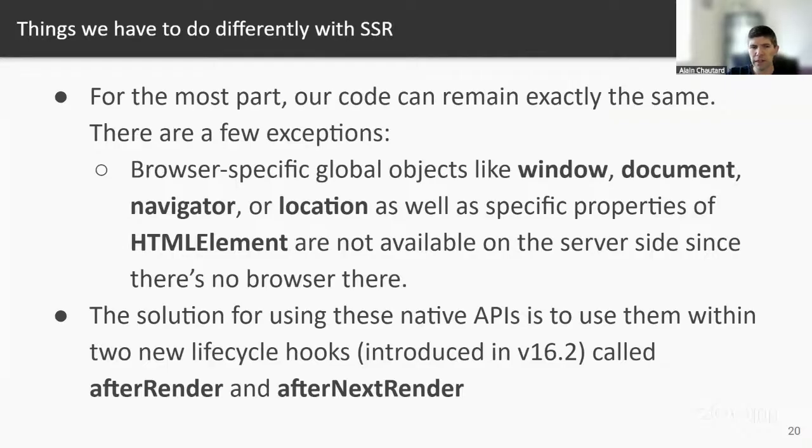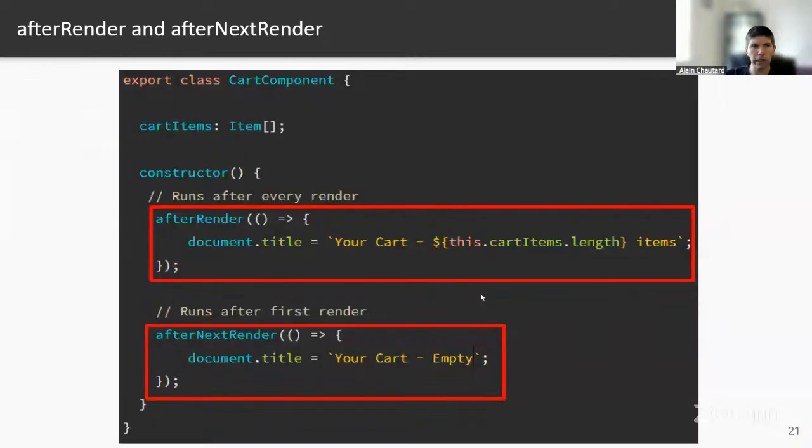So for this, we have specific new lifecycle hooks that were added to Angular: afterRender and afterNextRender. The idea is to use these lifecycle hooks in your component whenever you need to manipulate these native browser APIs. That is going to tell Angular to not run this code as part of the SSR rendering, but only when Angular runs in the browser.